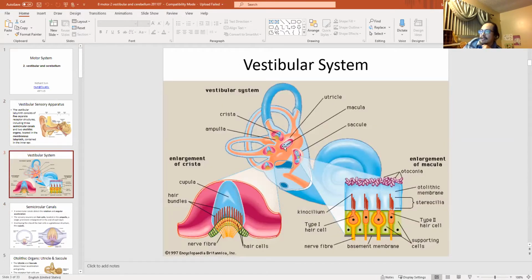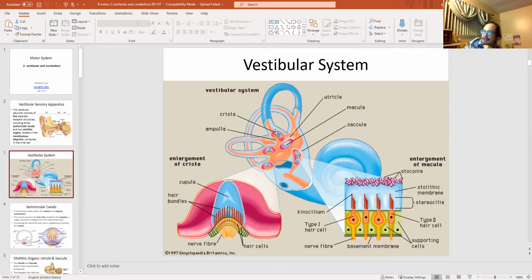All right, these three semicircular ducts have this enlarged area, called the ampulla. If we see the tube, we say it's enlarged and call it ampulla. And if you see the inner structure, you see it's raised, like a little hill inside of it, called the crista.